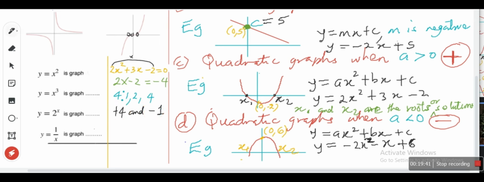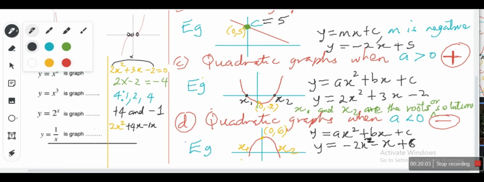So that's going to give us 2x squared, and instead of plus 3x, we now write plus 4x minus 1x, or just x, then minus 2, and equals 0. Then you factorize pair by pair.